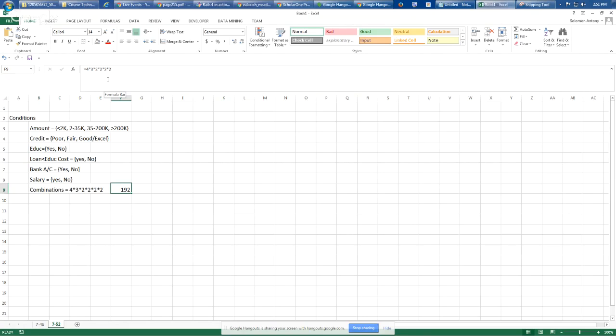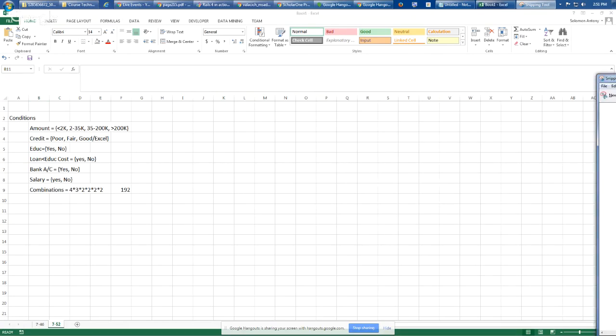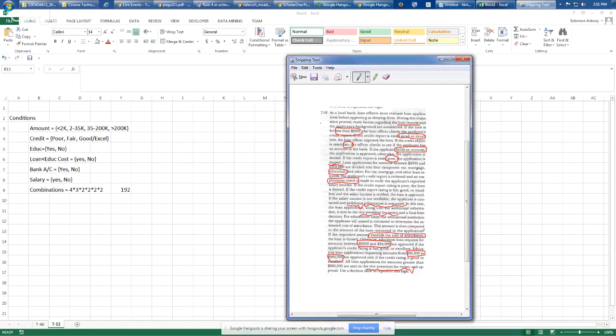So there are 192 combinations of condition values. But we're not going to do 192 columns to do this. Instead, we'll use a shortcut, and this time we'll build the problem as it goes. So we'll go back and take a look at this first. We'll start from top to bottom. As we go down the list of conditions and actions, we'll start building the decision table.